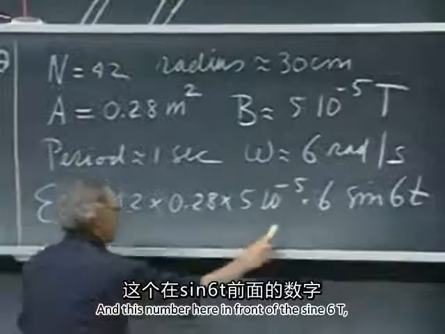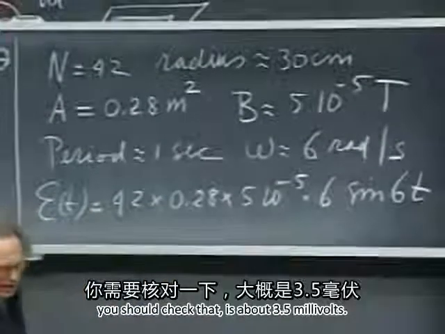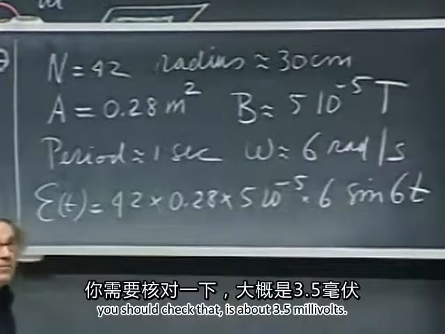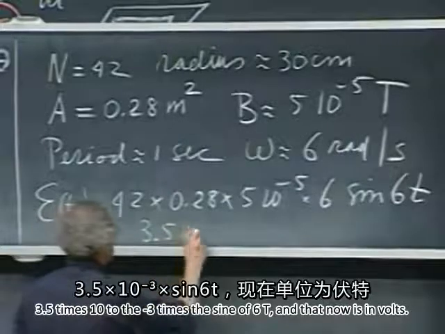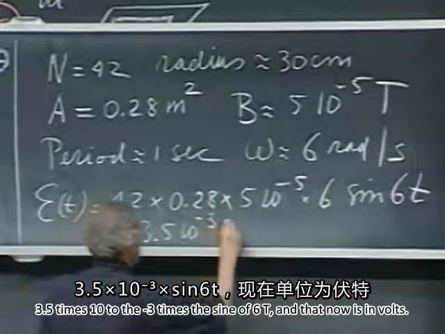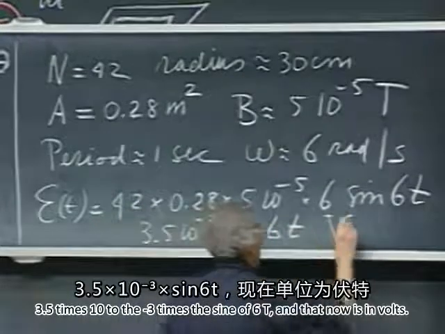And this number here in front of the sine 6t, you should check that, is about 3.5 millivolts. 3.5 times 10 to the minus 3 times the sine of 6t, and that now is in volts.